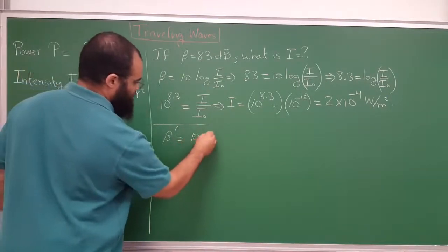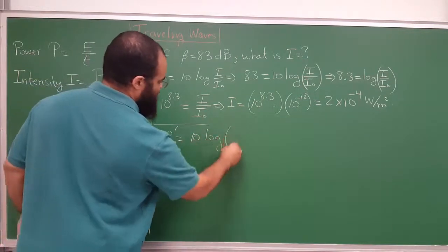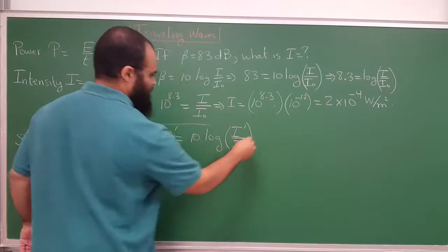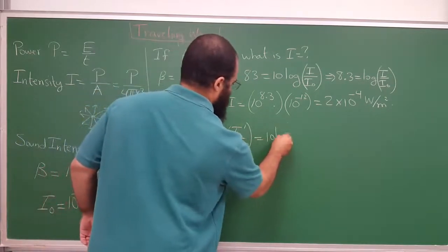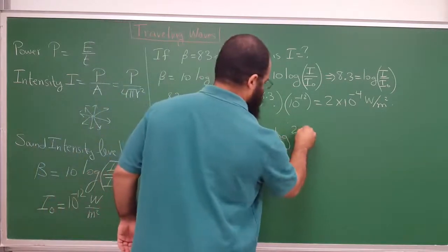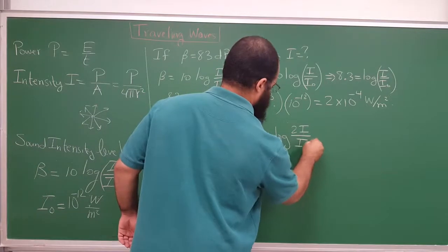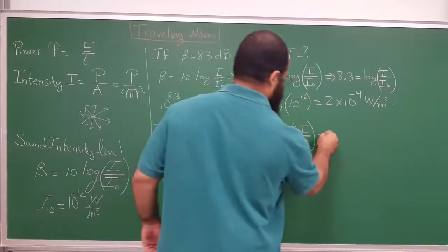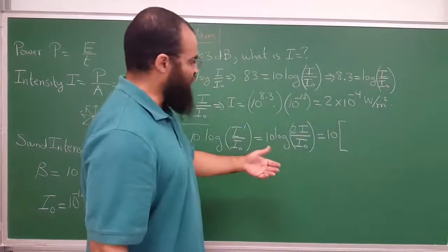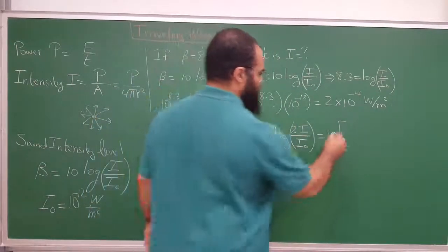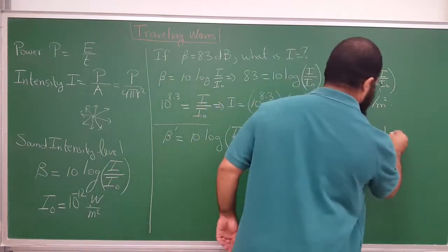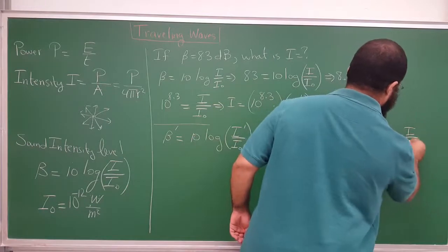So beta prime will be 10 times the log of the new intensity, let me call it I prime, divided by I0. This new intensity is just twice the old intensity, so it would be twice I divided by I0. So this is 10 times the log of a product, which is the sum of two logs, so it would be just the log of 2 plus the log of I over I0.